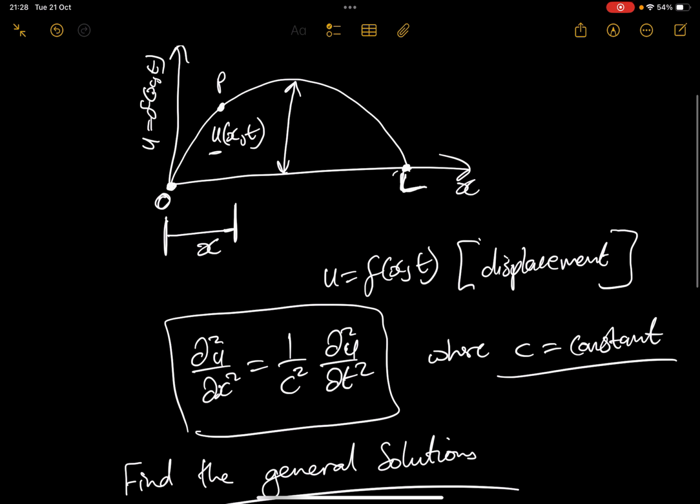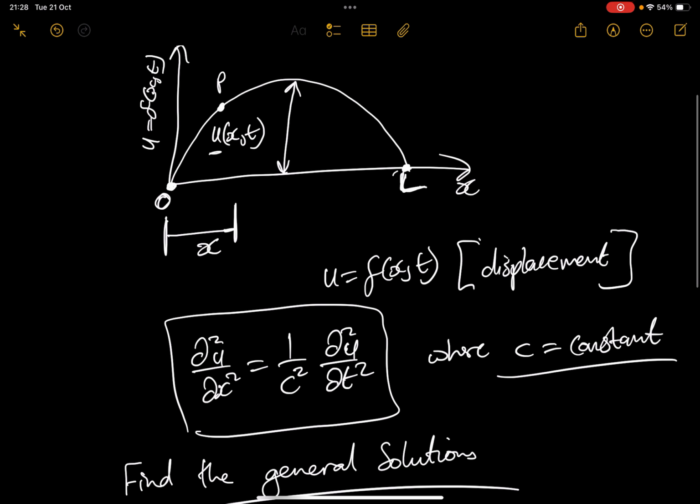And then we can also say that if the initial point of deflection P at t equal to 0 is denoted by f of x, then u of x at time 0 is equal to f of x.